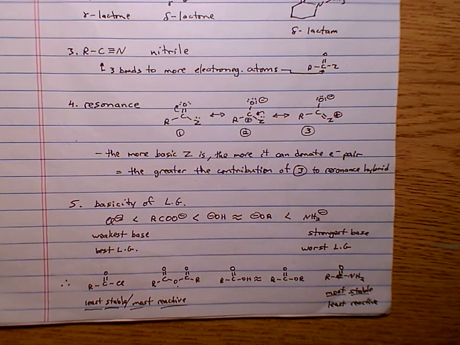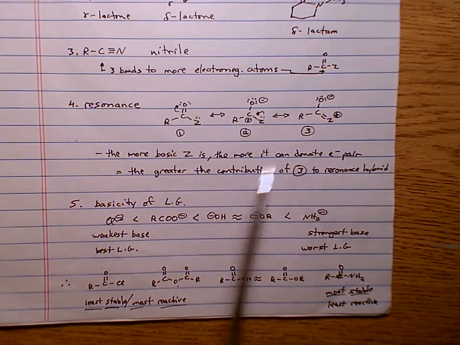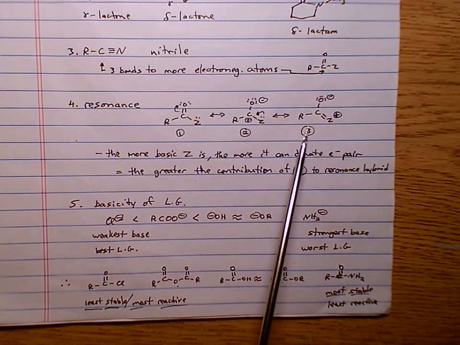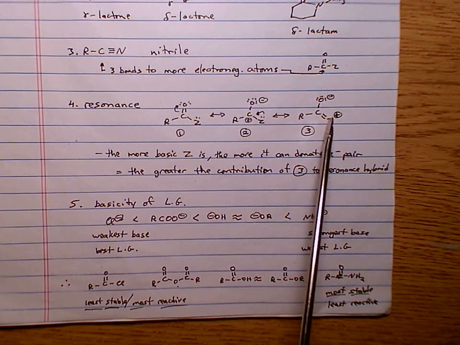The carbonyl gets a little positive charge. The oxygen gets a little negative charge. The more basic Z is, the more it can donate that electron pair, the more this resonance form comes into being, the more it contributes to the resonance hybrid.